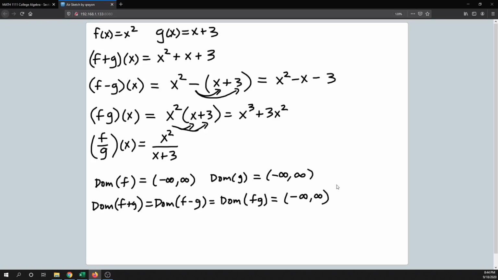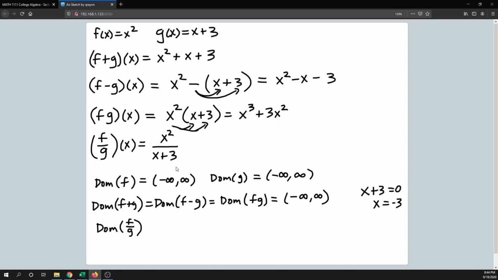Now, for the domain of f divided by g, it's going to be everything except places where the bottom part of f divided by g is 0. The bottom part of f divided by g is x plus 3. If you set that equal to 0 and solve that out, you get negative 3.